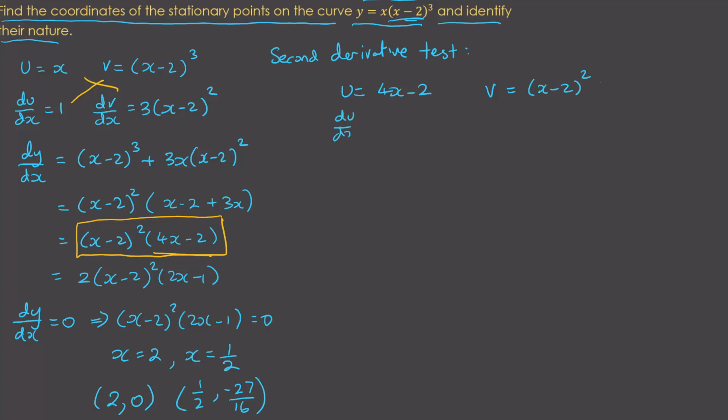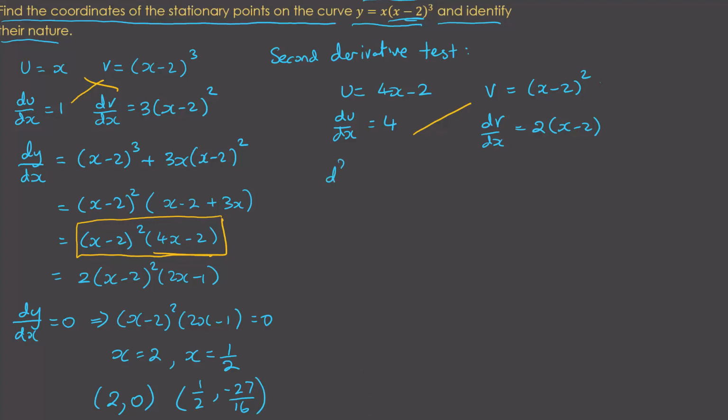And then du/dx is equal to 4, and dv/dx would be equal to twice (x minus 2) to the power 1. And again, the differential of the inside function there is 1. Sorry, we'll go the other way first. So we can do that one first.